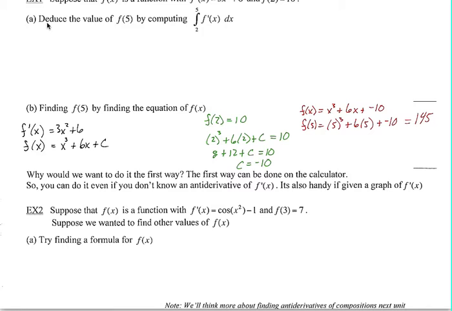Now we're going to go back and do part A up here, and we're going to use the integral to help us compute f of 5. This is the way that we're going to do that. We're going to start with what we know.